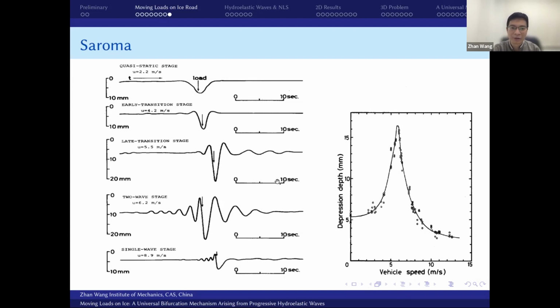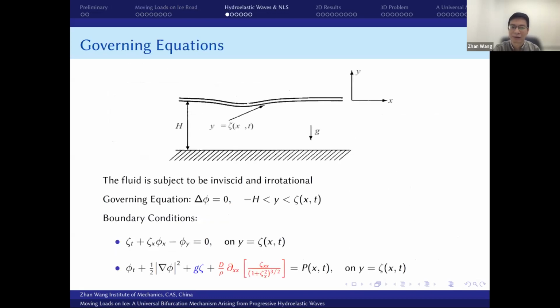And if we focus on the wave profiles of the deformation of the ice sheet, if the speed is close to the critical speed, then the solution looks like a solitary pulse in the middle with oscillatory decaying tails on both sides. We try to mathematically formulate this phenomenon to understand it from a mathematical point of view.